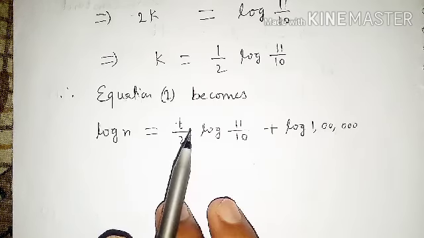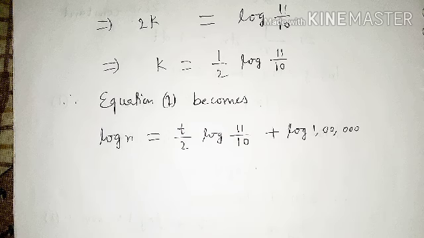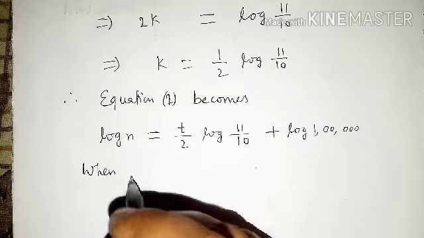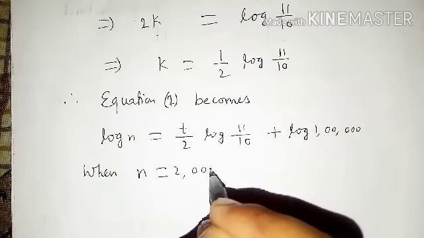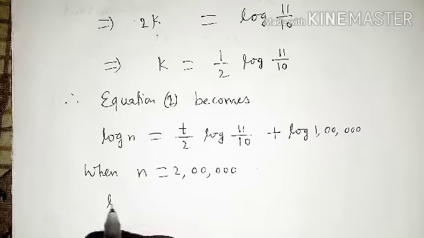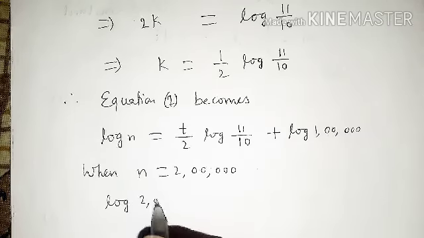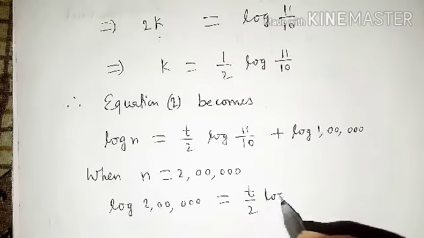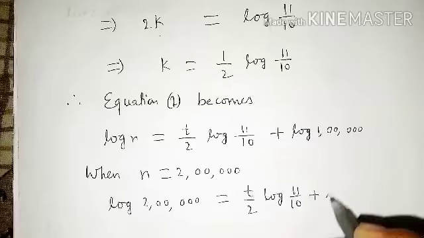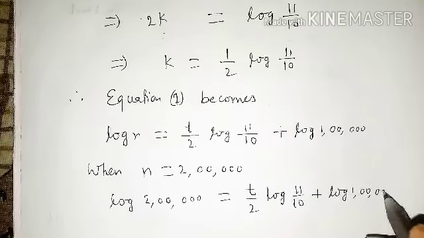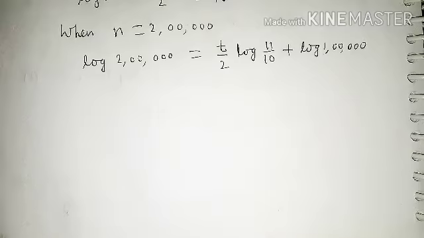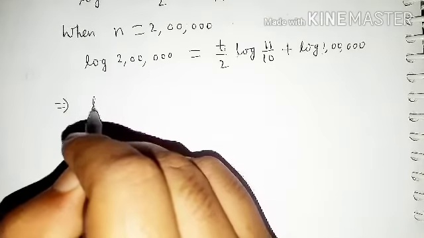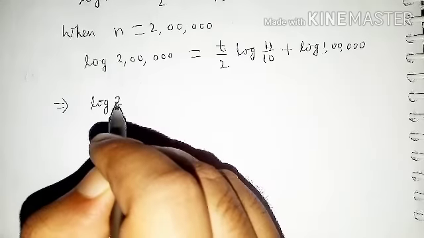We have to tell in how many hours the count reached 2 lakh. So when n is equal to 2 lakh, we have log 2 lakh is equal to t by 2 log 11 by 10 plus log 1 lakh. From here we have log 2 lakh minus log 1 lakh. By the property of log we have log 2 lakh by 1 lakh.